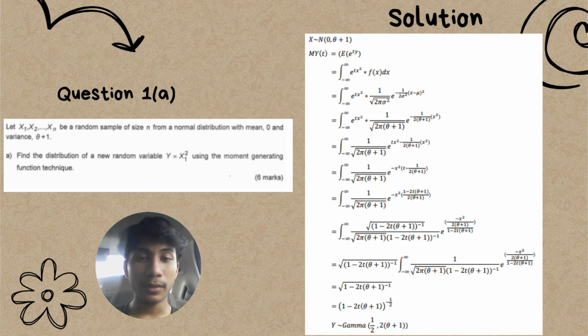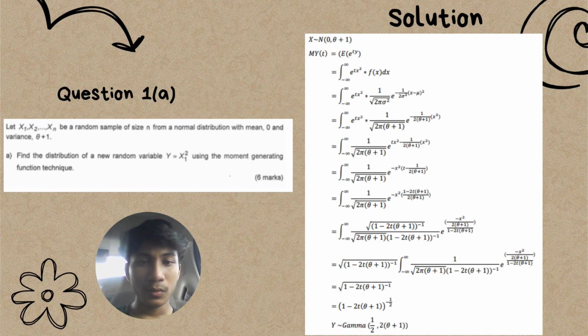Then we substitute the value of x squared into y and put the PDF of the normal distribution into f(y). We will get the integration of e to the power of t x squared times 1 over square root 2 pi sigma squared times exponent of negative 1 over 2 sigma squared times (x minus mu) squared.